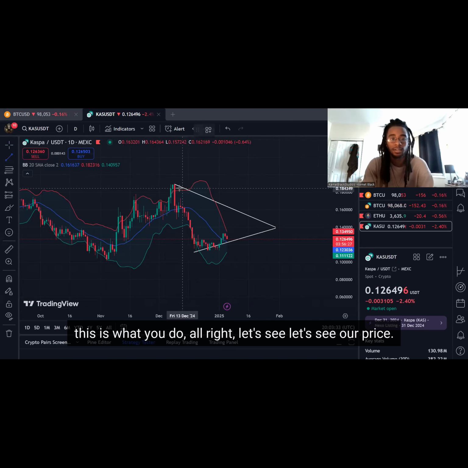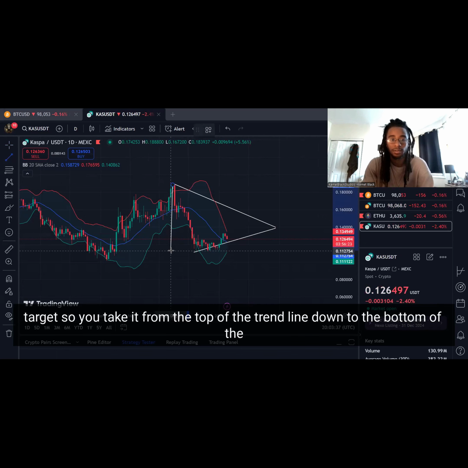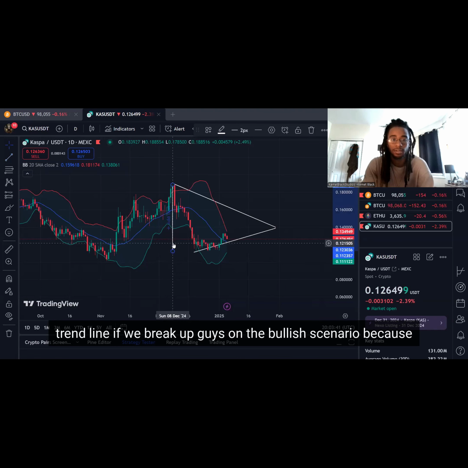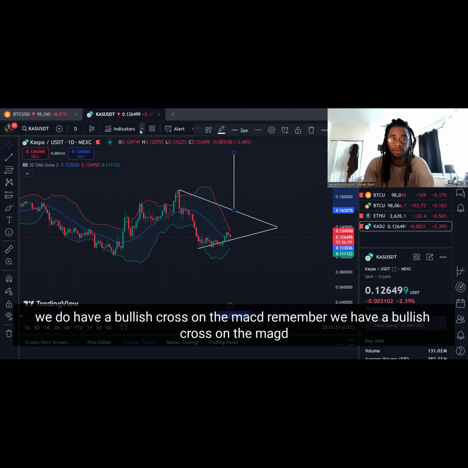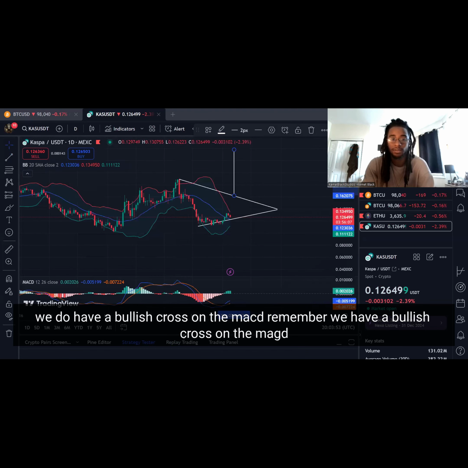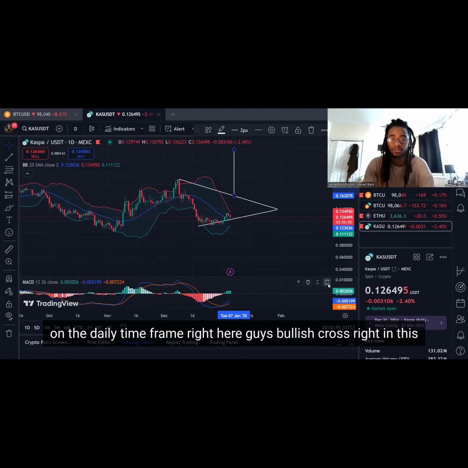All right, let's see our price target. So you take it from the top of the trend line down to the bottom of the trend line. If we break up, guys, on the bullish scenario, because we do have a bullish cross on the MACD. Remember, we have a bullish cross on the MACD on the daily time frame right here, guys.